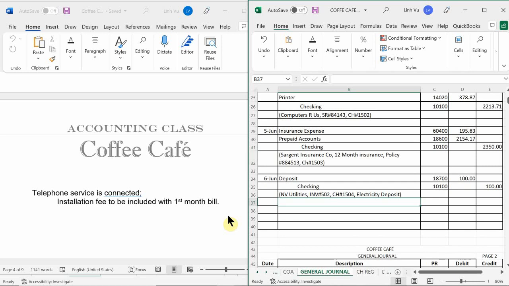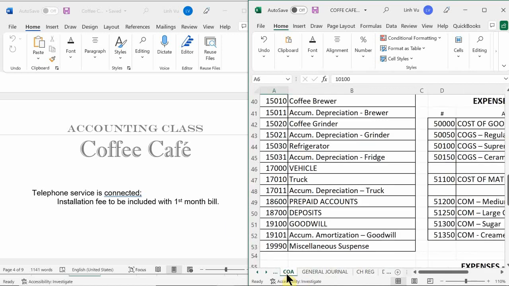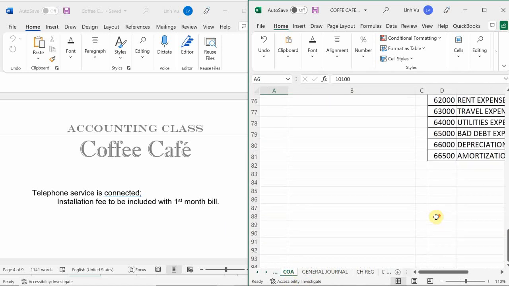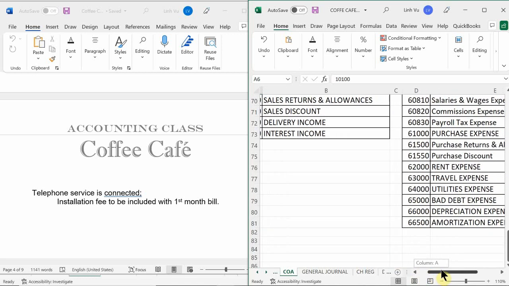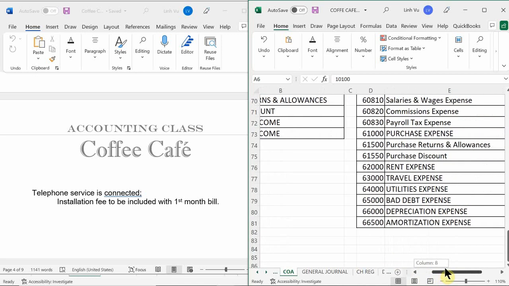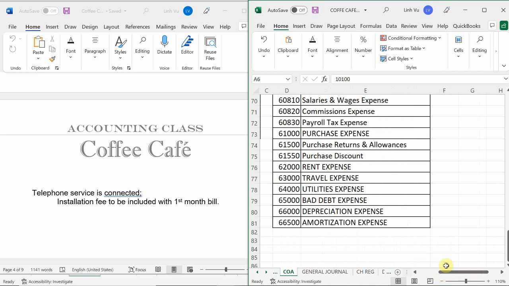Do I have a telephone expense account? We could do it like expenses. Utilities expense. Now, what's the problem with this right here?